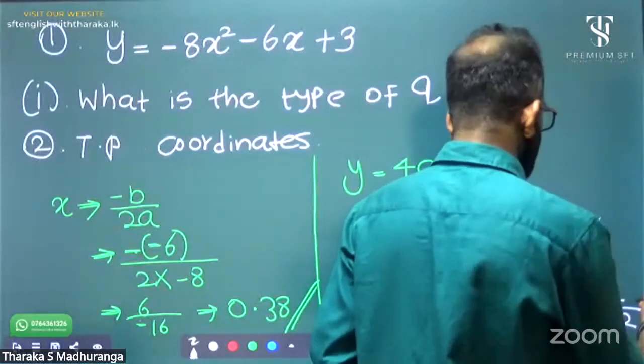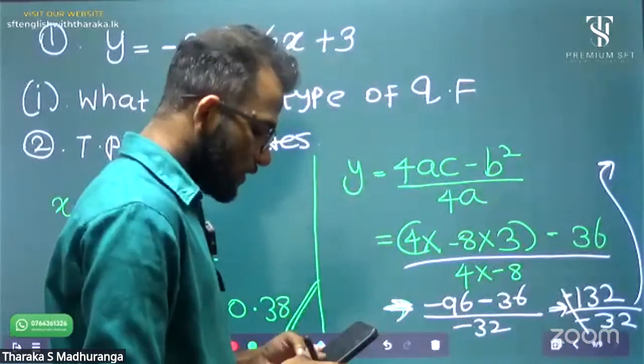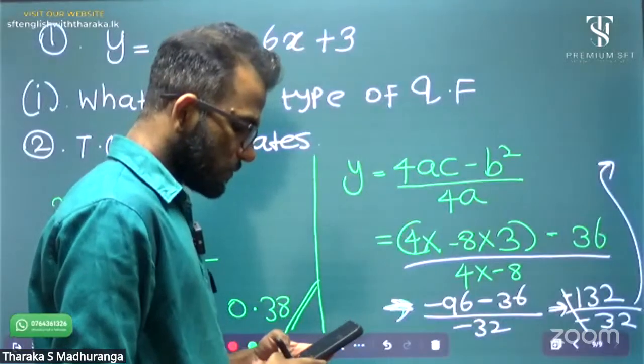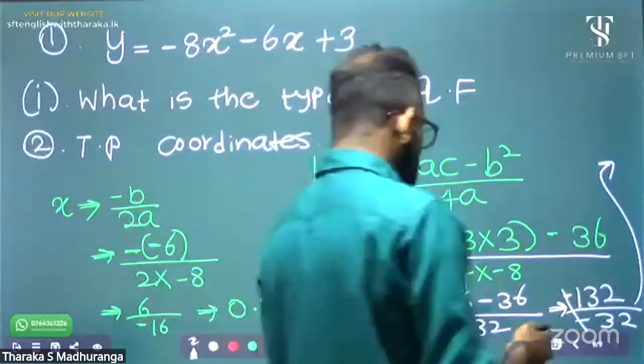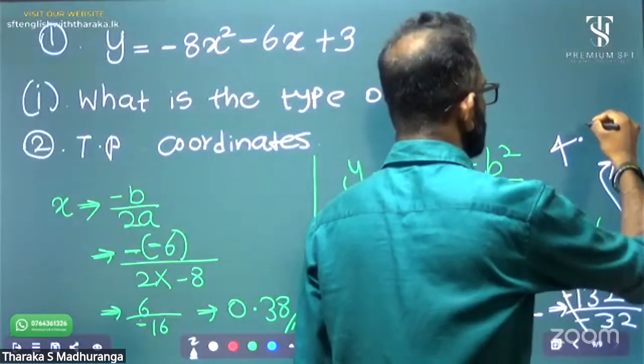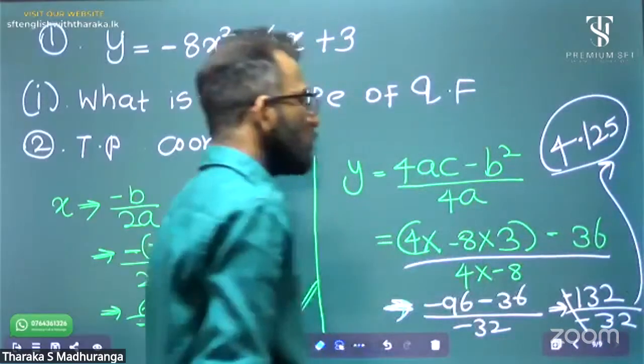Minus and minus cancel out. The y coordinate of the turning point is 132 over 32. Answer: 4.125.